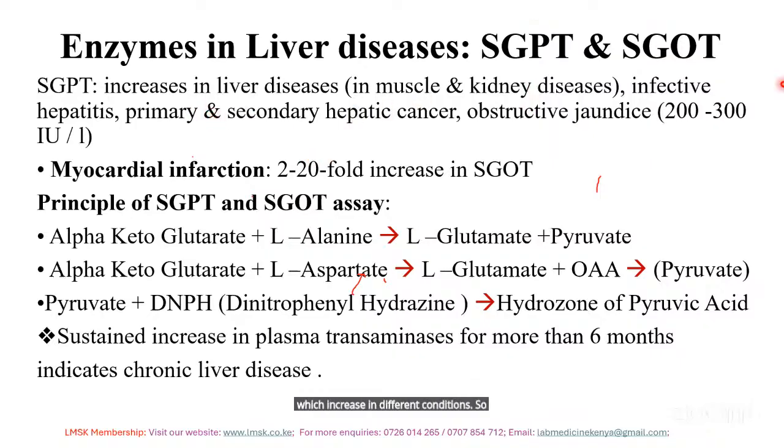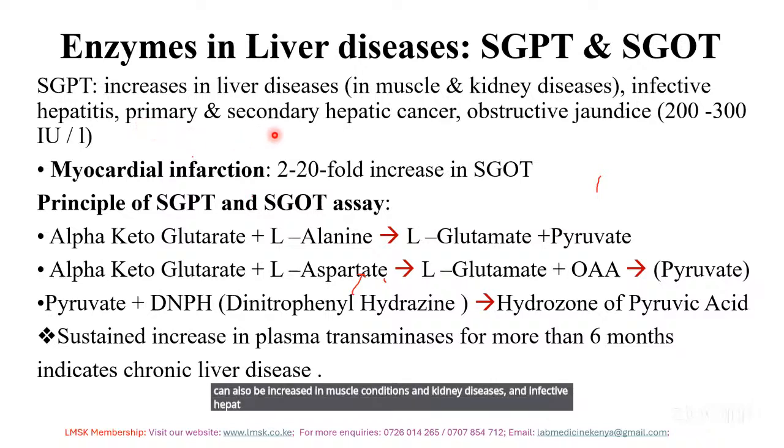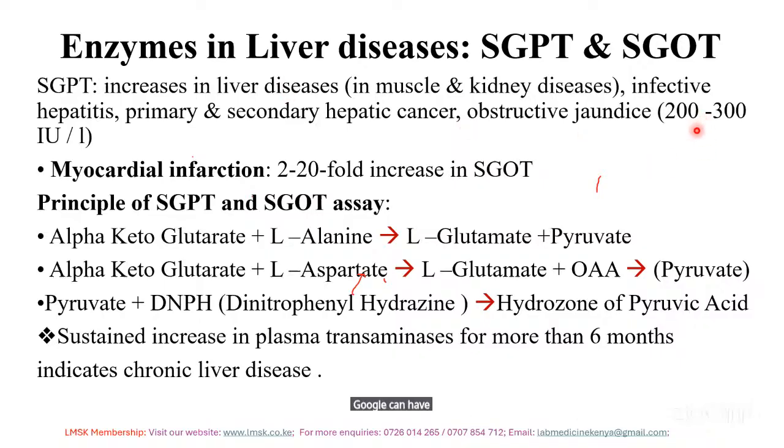So SGPT is increased in liver diseases, can also be increased in muscle conditions and kidney diseases, and in infective hepatitis, primary and secondary hepatic cancer, and in obstructive jaundice. Well, we can have values going to 200 to 300 IU per liter, or units per liter.